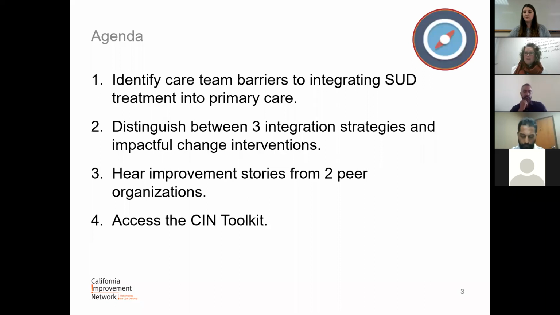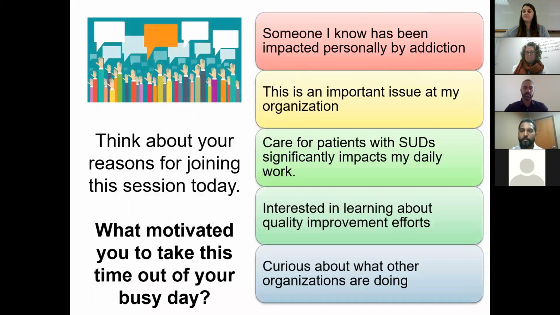How do we support care teams through this, right? They're on the front lines, they're doing this work, and so how do we get to the root of supporting the people that are integrating these services? And within that, we'll share the journey that we learned from all the organizations, and there are some really key strategies, and within that some very impactful change interventions. So we'll highlight the most impactful for you, and then hear from our peers.